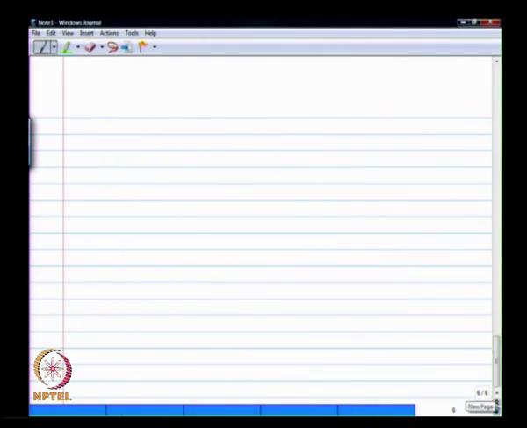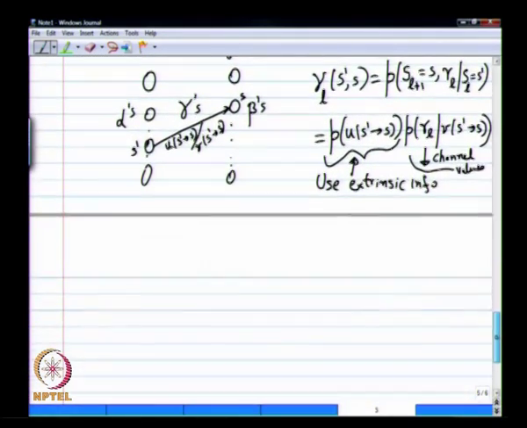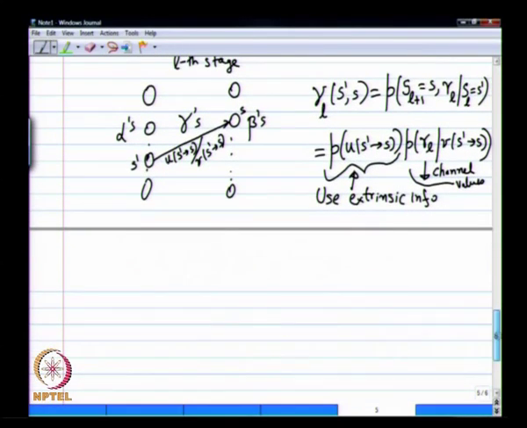If you look at the nth stage, so what is happening in our turbo kind of situation? You have, maybe, BCJR1.